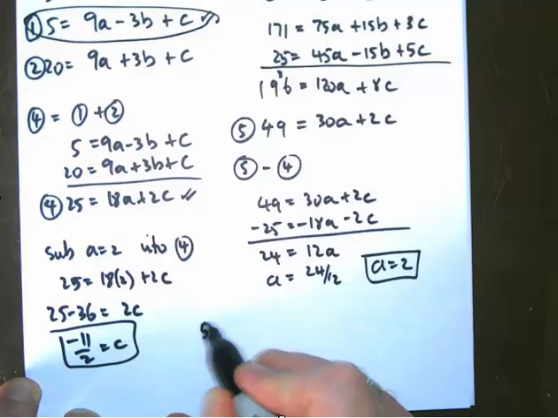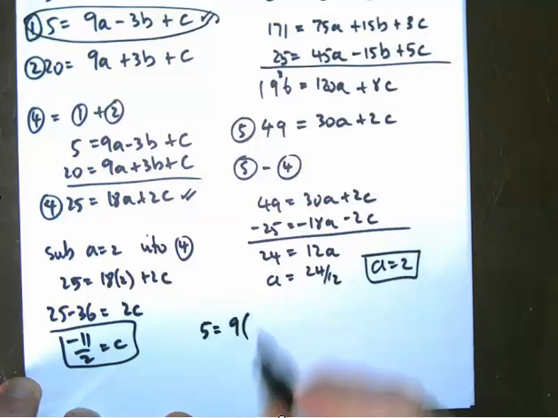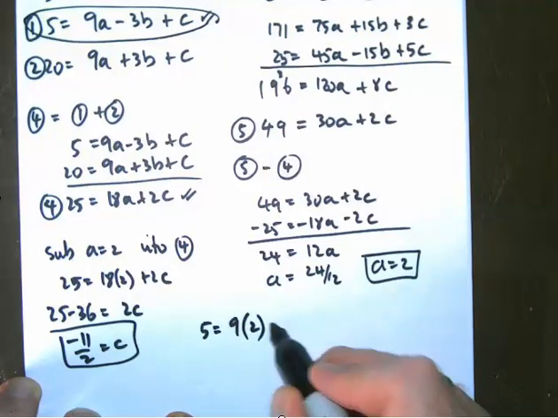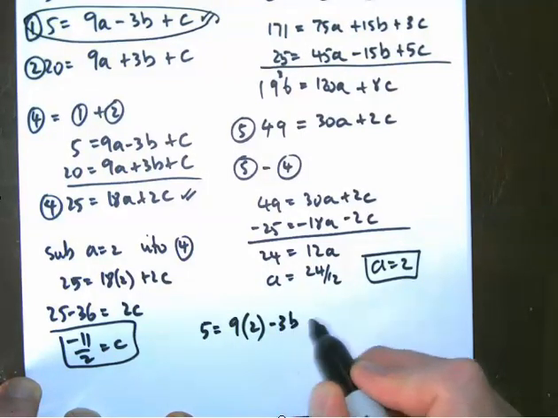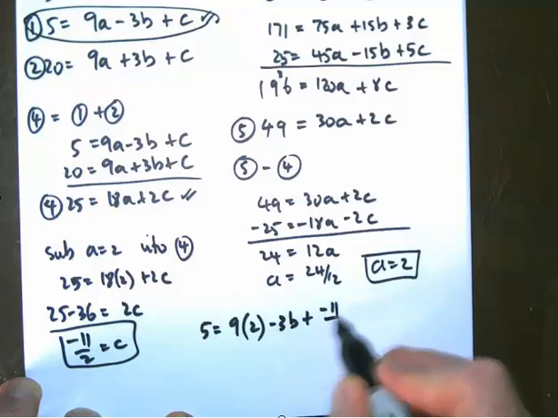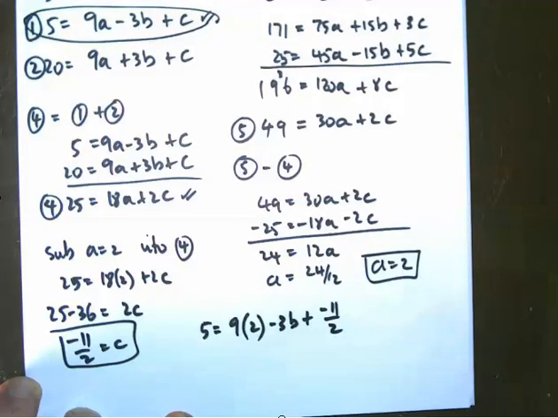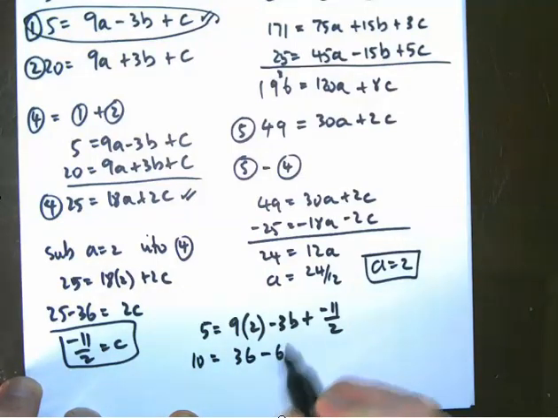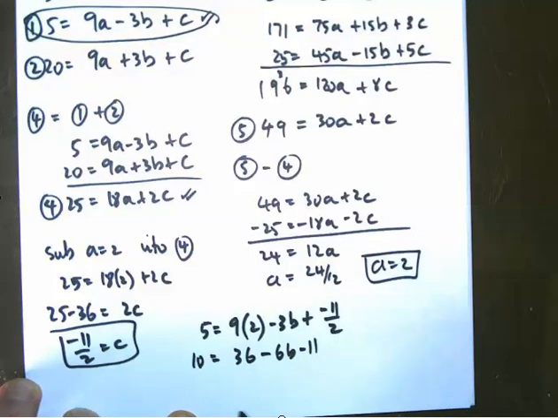So 5 equals 9 times a, which is 9 times 2, minus 3 times b, plus minus 11 on 2. I'm going to multiply everything by 2. 10 equals 36 minus 6b minus 11. Minus 6b will equal 10 plus 11 minus 36.